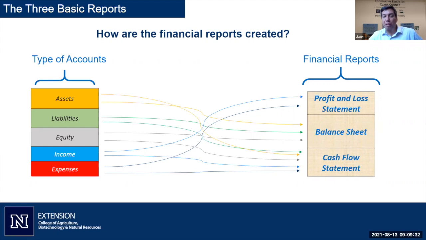The big difference between the cash flow, the balance sheet, and the profit and loss is that the cash flow brings transactions and not balances. For example, the balance sheet is going to tell you how much you have in your checking account, a balance in the checking account. It's going to tell you how much you have in accounts receivable, what is your balance. In the cash flow statement, the transactions get recorded.